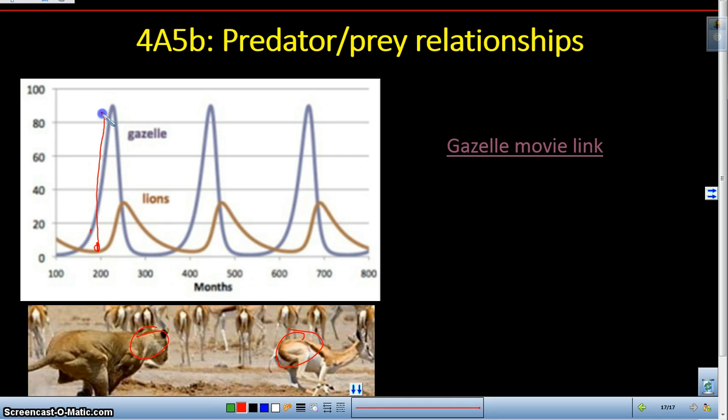Eventually, they're probably going to reach their carrying capacity as far as resources, but during this time, the lions are going to be able to feed upon them, and as that happens, they're able to flourish and reproduce fairly rapidly. But what we see, the prey tends to start going down. When the predators go up, the prey goes down. So we see this almost inverse relationship between predators and prey. And that's pretty much everything we need to know about populations.